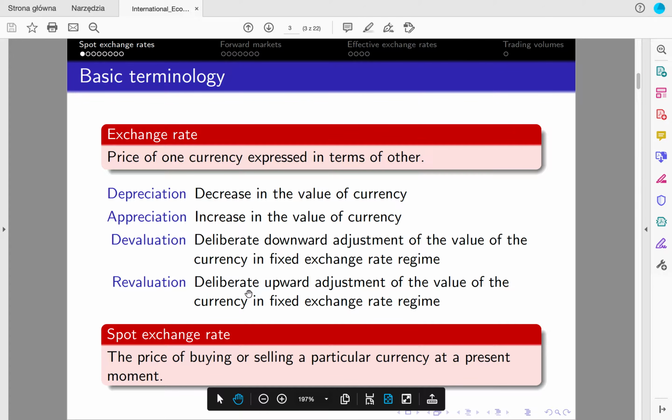And spot exchange rate is the price of buying or selling currency at the present moment in time. So look, this is how much you can get for 1 unit of your currency if you're gonna sell it today.